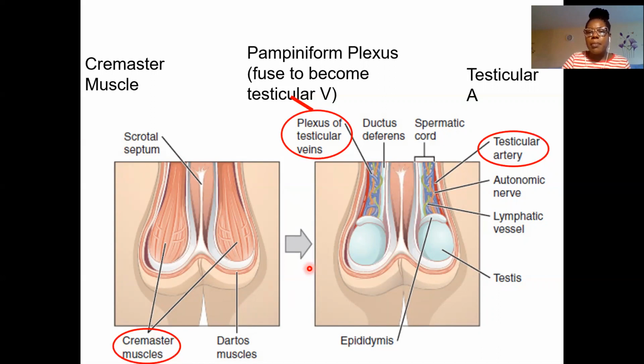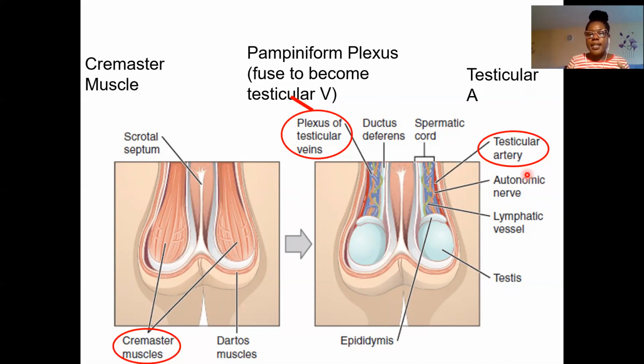We also have the pampiniform plexus. So the pampiniform plexus is the collection of veins that are draining the testes. And that is running together with the testicular artery that is actually supplying blood to the testes.